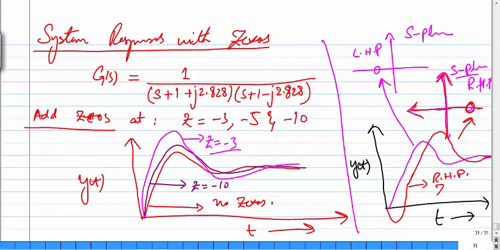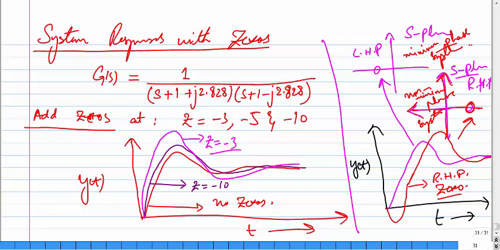So the main idea is that if you have this type of behavior, it means this is a non-minimum phase system. And this is a minimum phase system. When you have a 0 in the left half plane, your system is a minimum phase system.